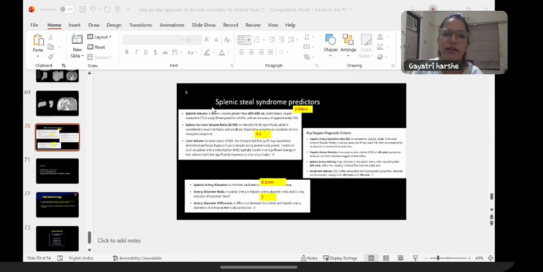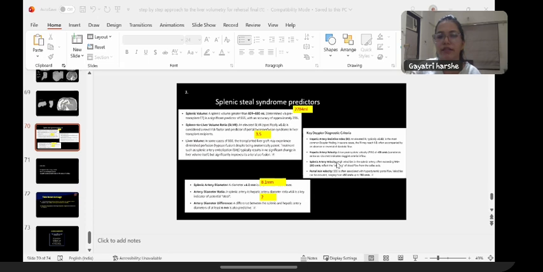In that, the same thing is post transplant, there will be splenic steal syndrome, and there we consider splenic volume, spleen to liver volume ratio, as well as the liver volume, and it can be detected even from Doppler: hepatic artery resistive index of more than 0.80, and hepatic artery velocity, which has low peak systolic velocity, less than 35 centimeter per second, and the splenic artery velocity, which has high velocity.